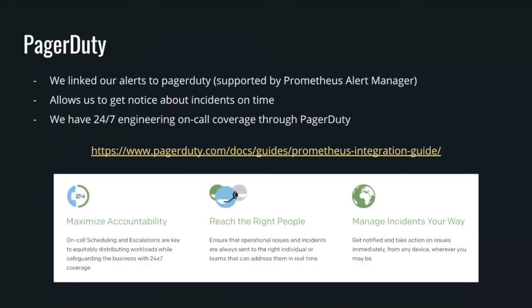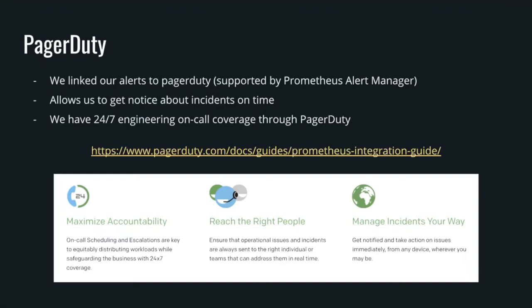Once we have the alert set up, how are we going to get alerted, how are we going to know there is something wrong? For that, we use a service called PagerDuty. PagerDuty allows you to integrate with Prometheus very easily.